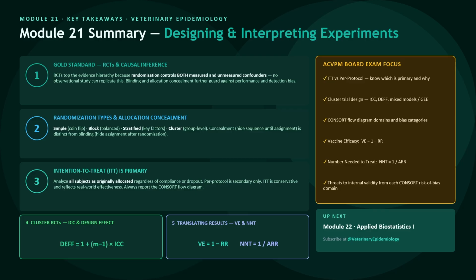Cluster trials require ICC and design effect adjustments. Vaccine efficacy and NNT help translate results into meaningful clinical metrics. Together, these concepts form the foundation for designing, interpreting, and critically appraising intervention studies in veterinary medicine.